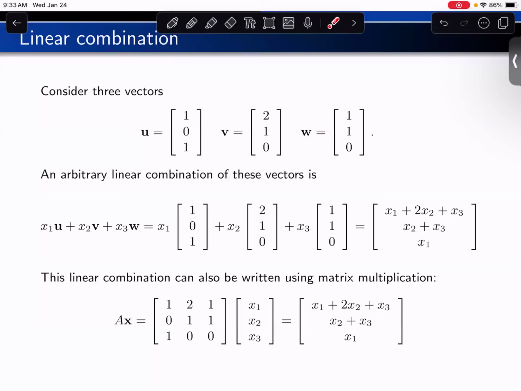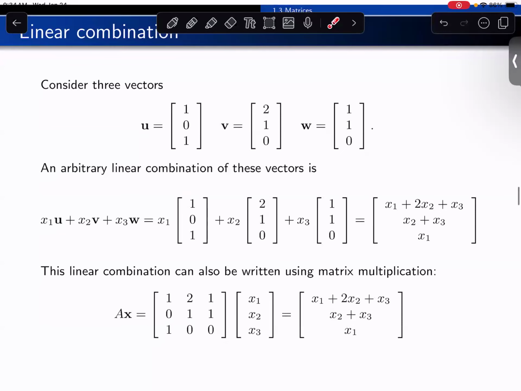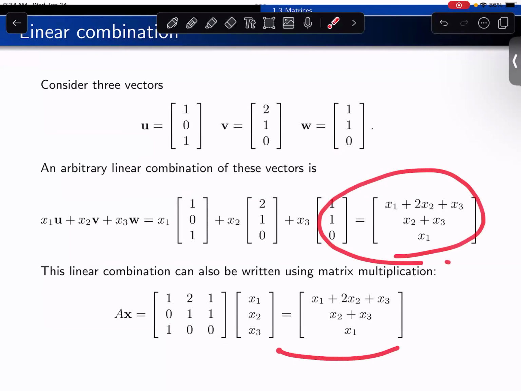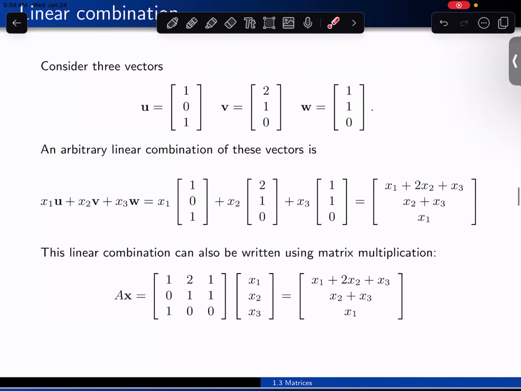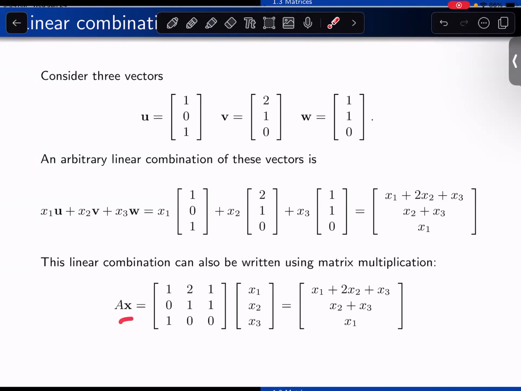So again, you can interpret this matrix multiplication as a linear combination of x1 with 1, 0, 1, which is this part right here, and then x2 times the second column, plus x3 times the third column. This is the exact interpretation of matrix multiplication I was discussing earlier. So these two things coincide with one another, and you should expect that they give you the exact same matrix at the end of the day. This is how you can interpret linear combinations as matrix multiplication.